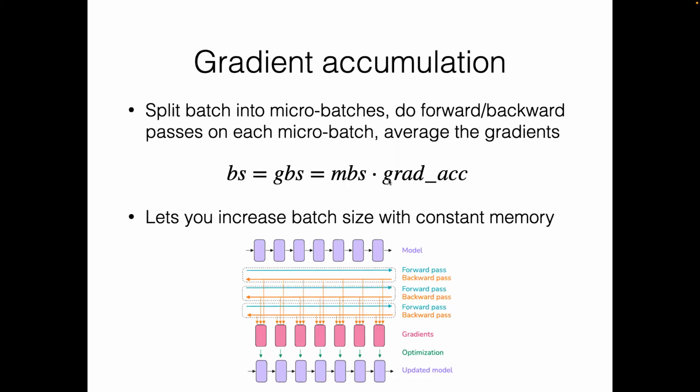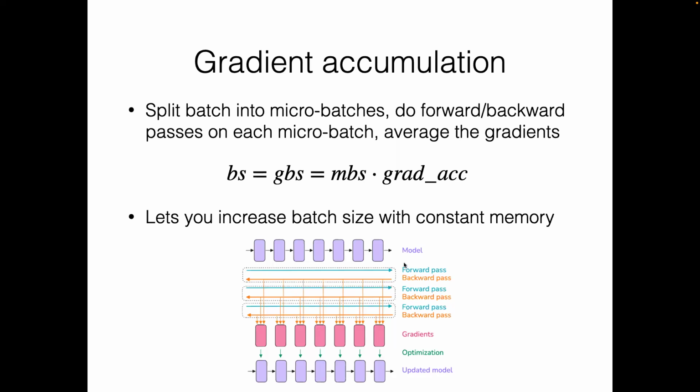So we'll have 512 times 4 is 2048. Then what this diagram is basically saying is we want to do one forward pass and backward pass with 512 batch elements. We wait for it to finish, then we do another forward pass and backward pass with 512 elements. We wait for it to finish, and then you do the third and the fourth.